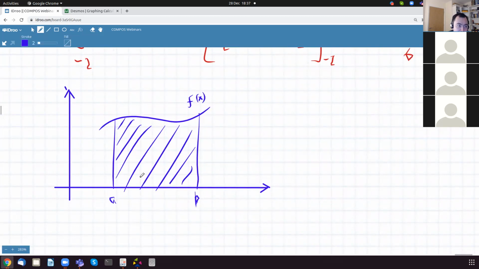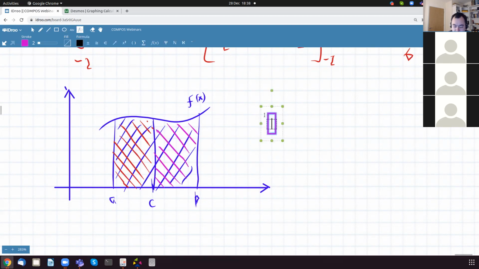But if you choose another point C here, that means this area plus this area would still equal the original area.